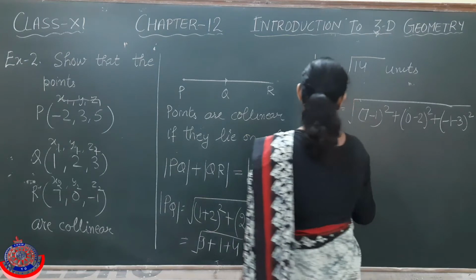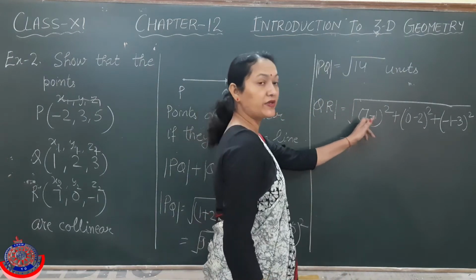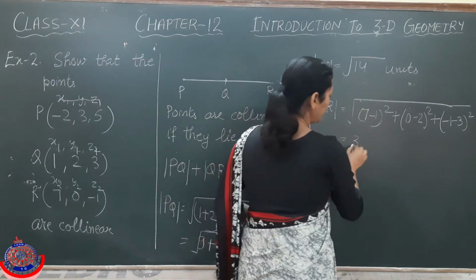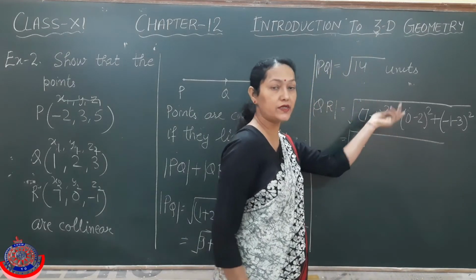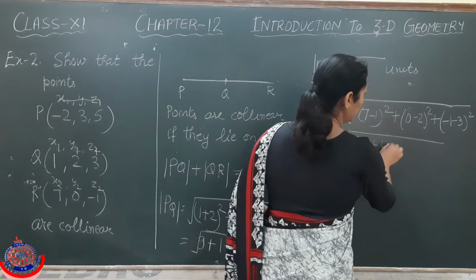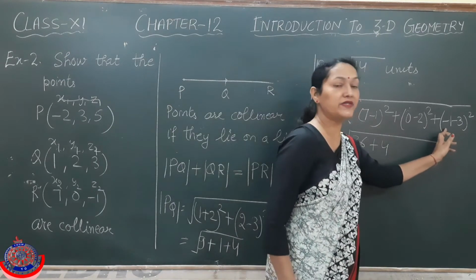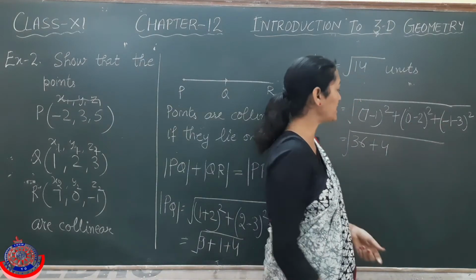So what we have got is 7 minus 1, 6, 6 square will be 36, then minus 2 square is 4, minus 1 and minus 3 gives us minus 4 square is 16.